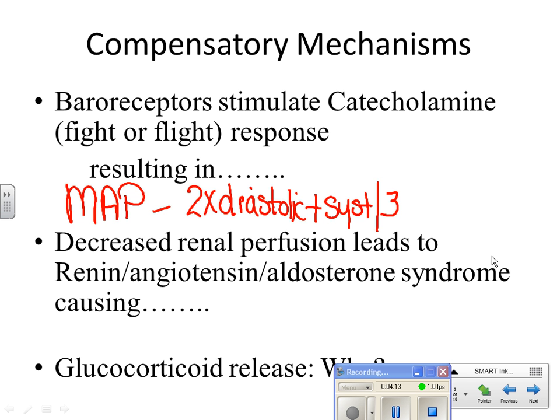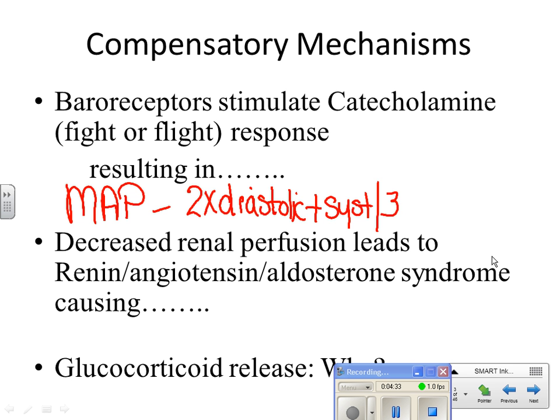So 2 times the diastolic is 160 plus the systolic 120. So we have 280 divided by 3, and that's what? Like around 90 something? Right. So we got a good mean arterial pressure.